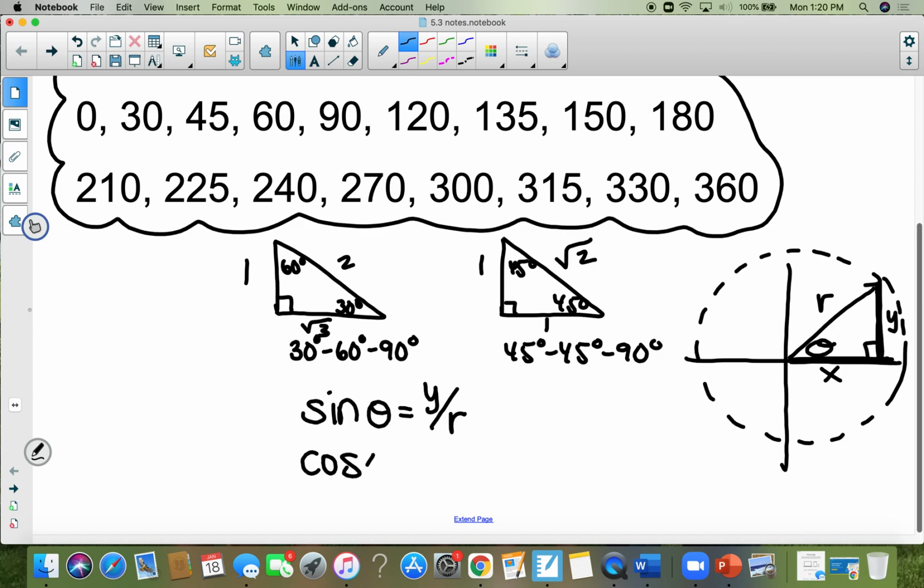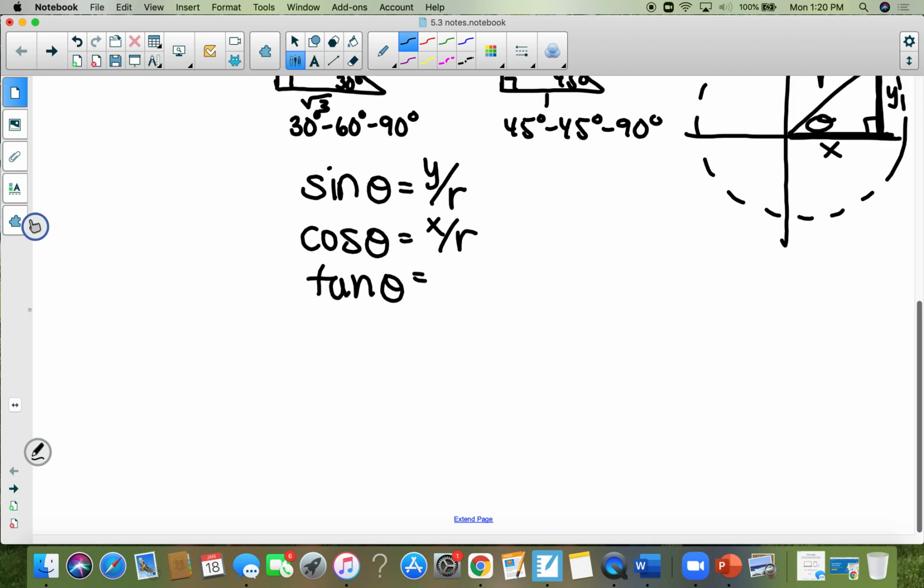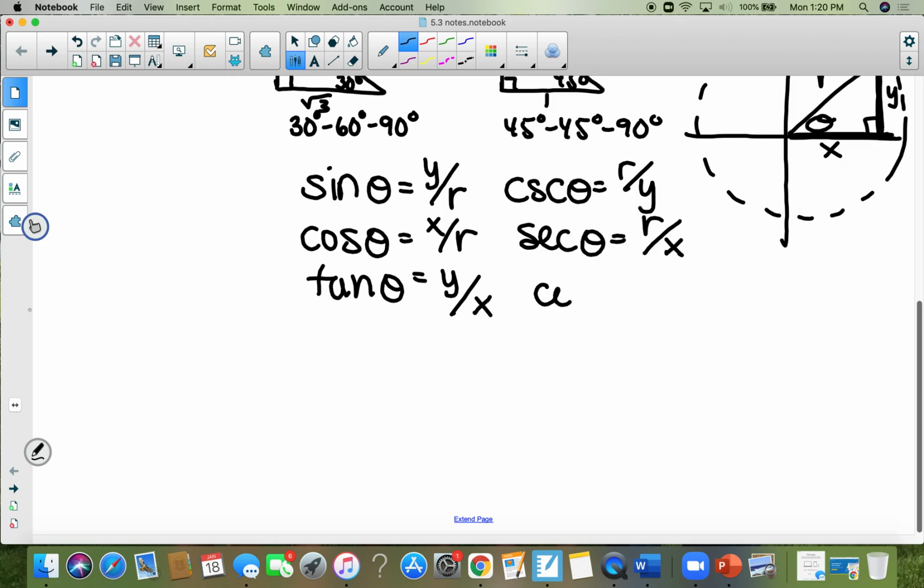Cosine of theta is adjacent over hypotenuse, which is x over r, and the tangent of theta is opposite over adjacent, which is y over x. Then the cosecant of theta is the reciprocal of sine, the secant of theta is the reciprocal of cosine, and the cotangent of theta is the reciprocal of tangent.